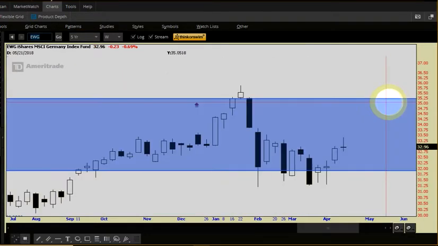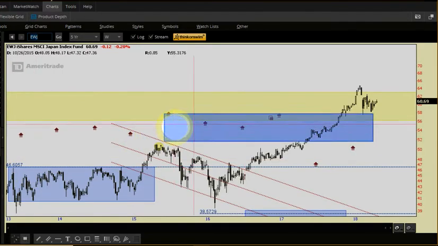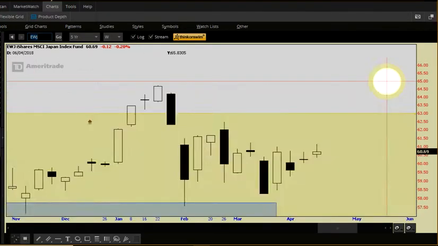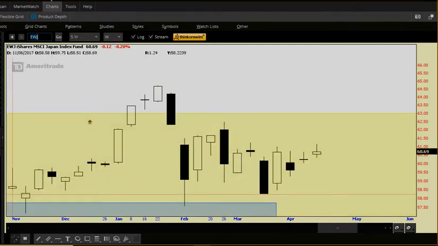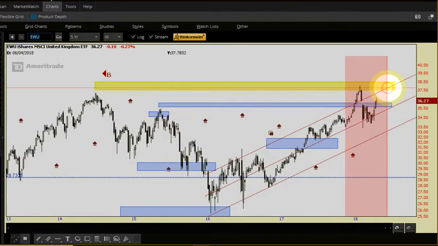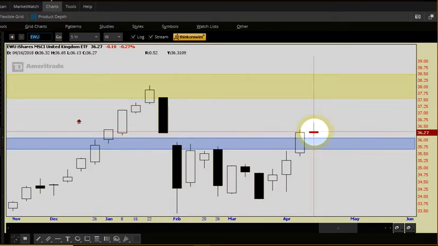And again, that topping tail, you can see that on Germany, Japan, a little less of a topping tail, but still kind of a doji. The United Kingdom, same, doji, topping tail. So everything looks like it's lined up in tandem, and that's probably not good.